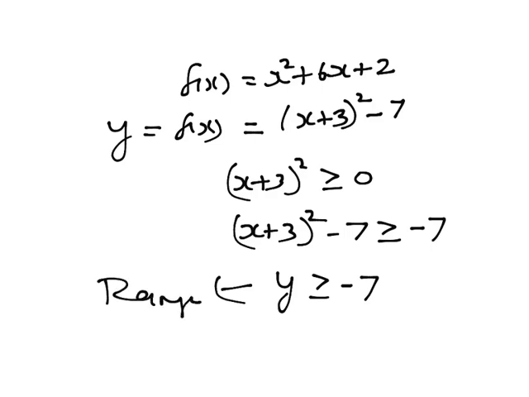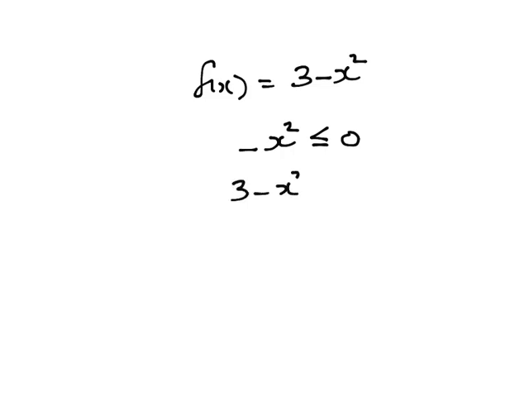Okay, one more example. Let's say f of x equal to 3 minus x squared. How do I find the range for this? Now we know that minus x squared is less than or equal to 0, isn't it? That means 3 minus x squared is less than or equal to 3. I'm adding 3 both sides.